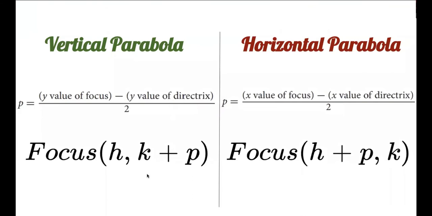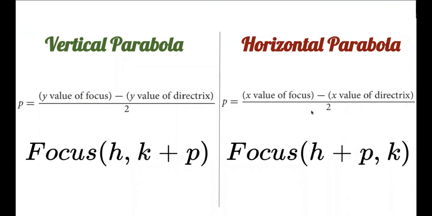Then our focus, when it's given, is very similar to our vertex, but it's going to be (h, k plus p). We have to find out what the value of K is given the focus. We're going to do that step by step.